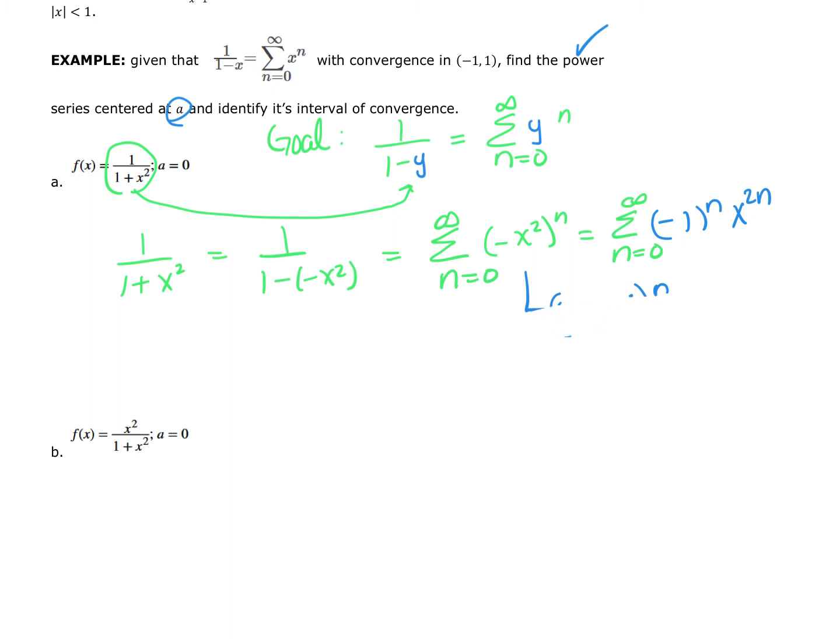So I'm going to do like I did above in my previous examples.